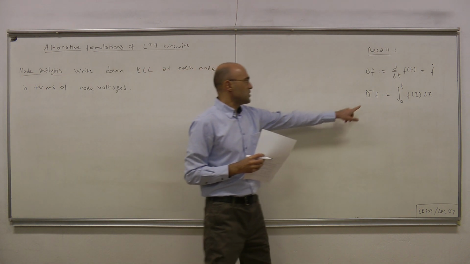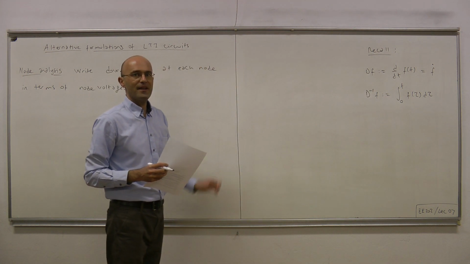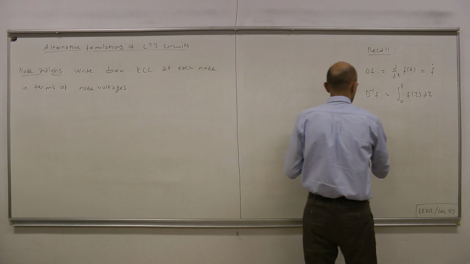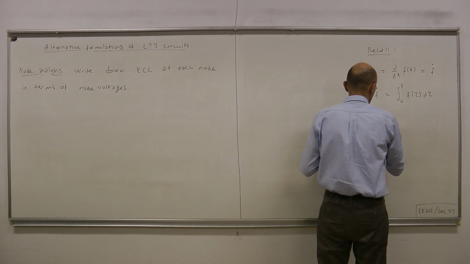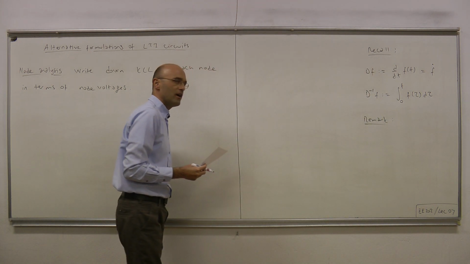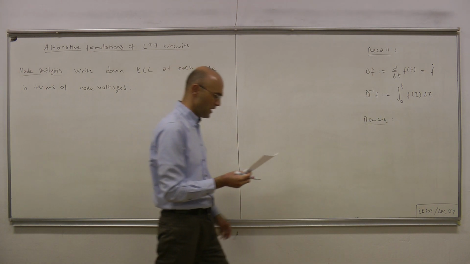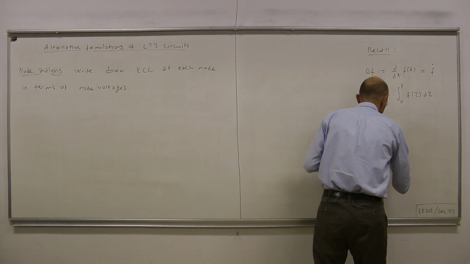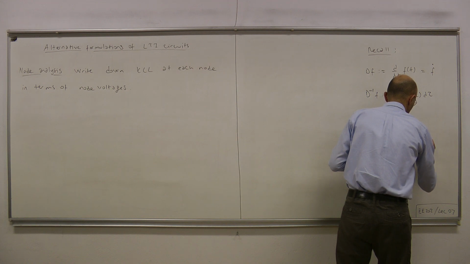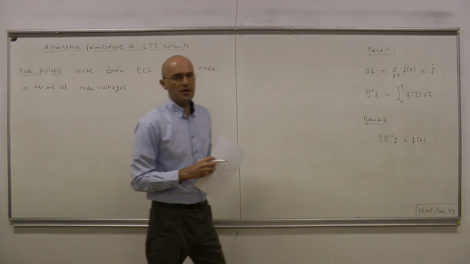Although this is an inverse operator, there is a subtlety that we have to be careful about. Let me put it under remark, and it's easy to verify, so I leave that as an exercise. Note that D D inverse f is f of t.